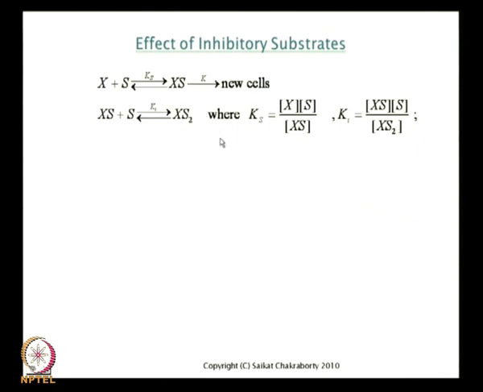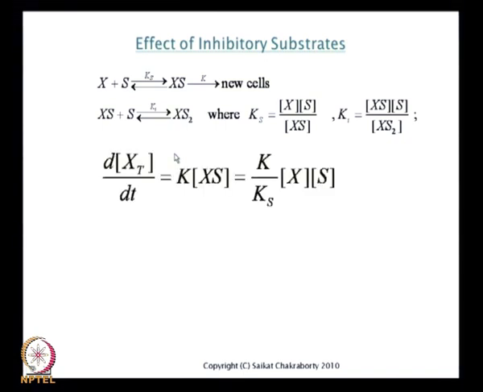Okay. So, we have to go through the similar set of steps that we did for inhibition in case of enzyme kinetics, except that in this case the difference is that this is varying with time. So, Xt is not a constant, but Xt is varying with time.